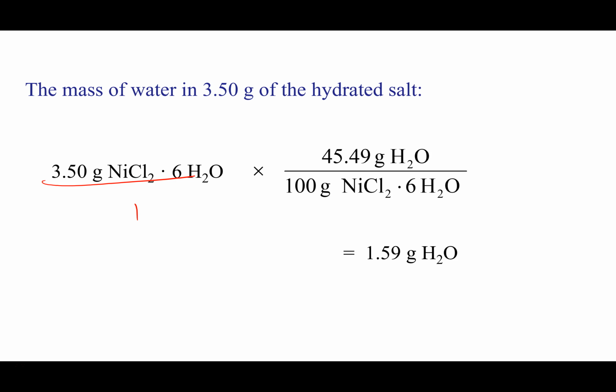So, I mean, it's just an exciting sort of problem. It means that if you were to start with 3.50 grams of the hydrate and dry the heck out of it, you would lose 1.59 grams. Which makes sense.